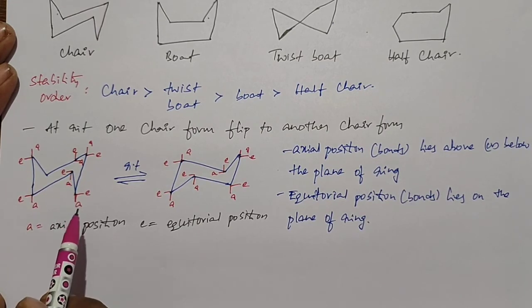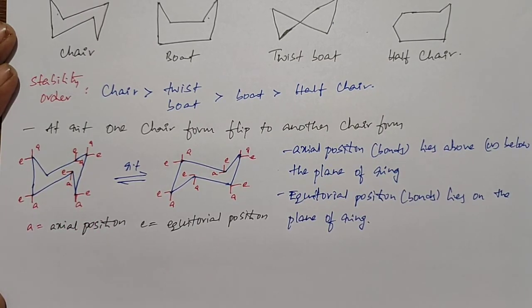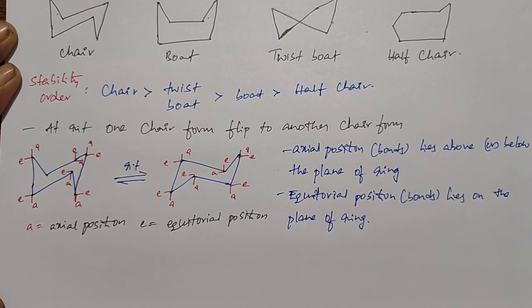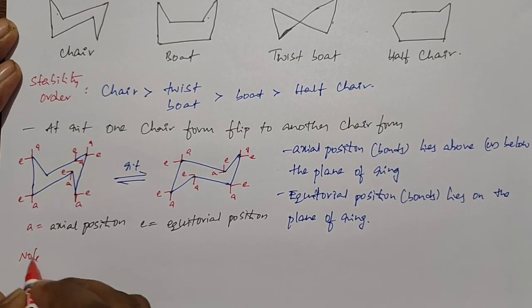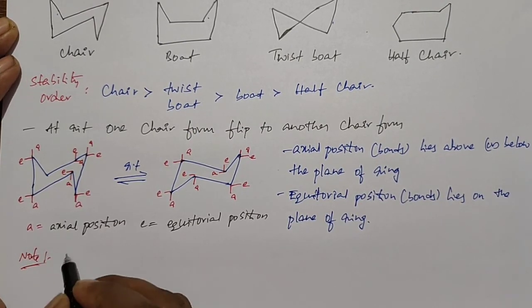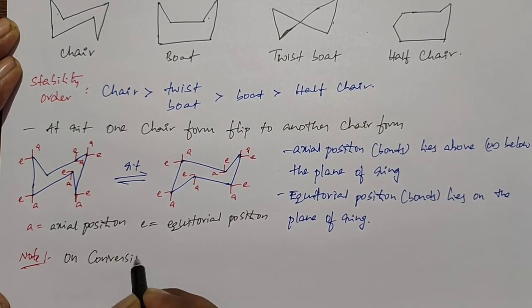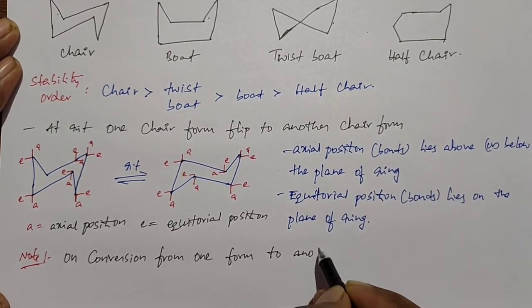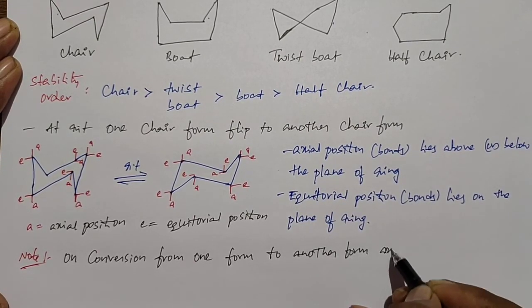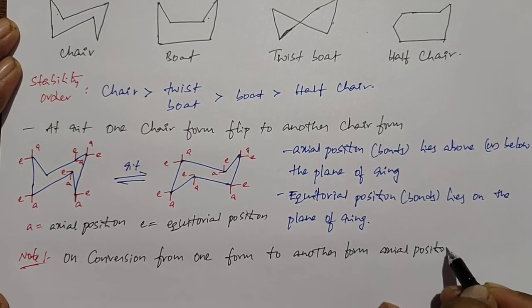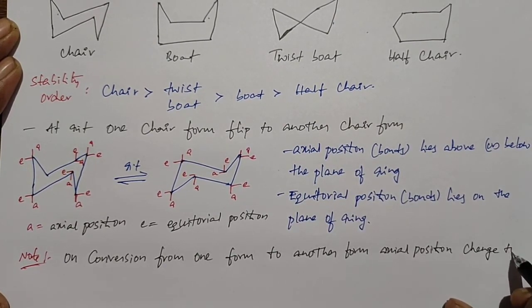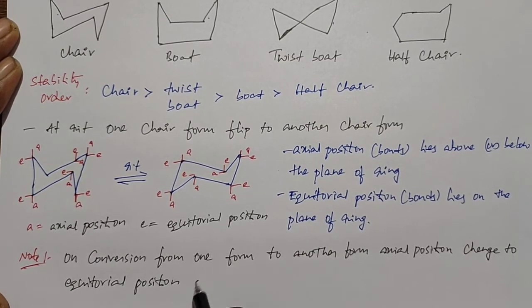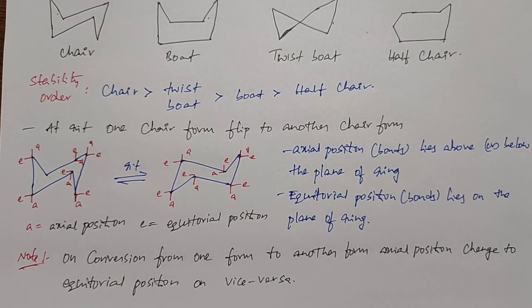I mean, on conversion of one form to another, the axial positions change to equatorial positions and vice versa: equatorial positions change into axial positions.